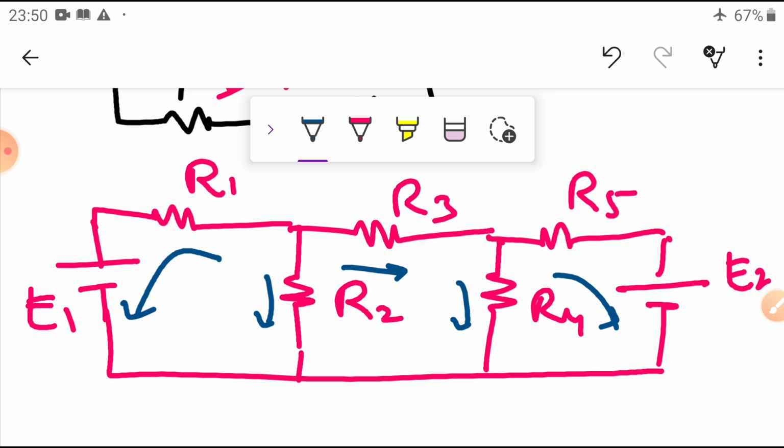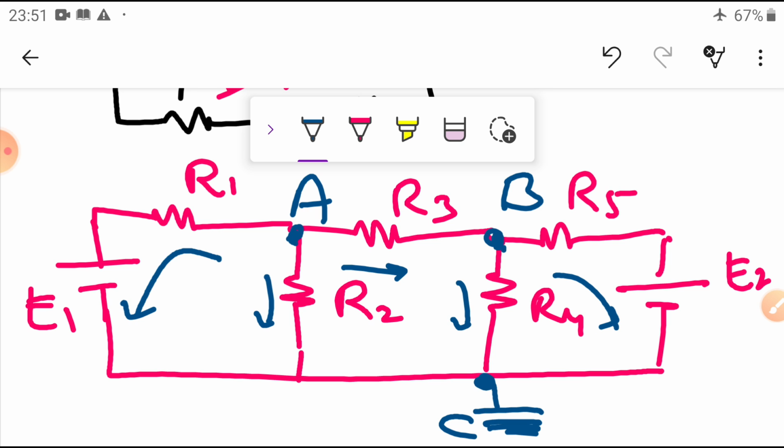Here you can see, for example, you take the node, this is equal to A, this is equal to B, and another one you take as C. Now A, B, C, 3 nodes we have taken here. Now the node C is taken as the reference. From reference to A, what is the equation? From reference to B, what is the equation?